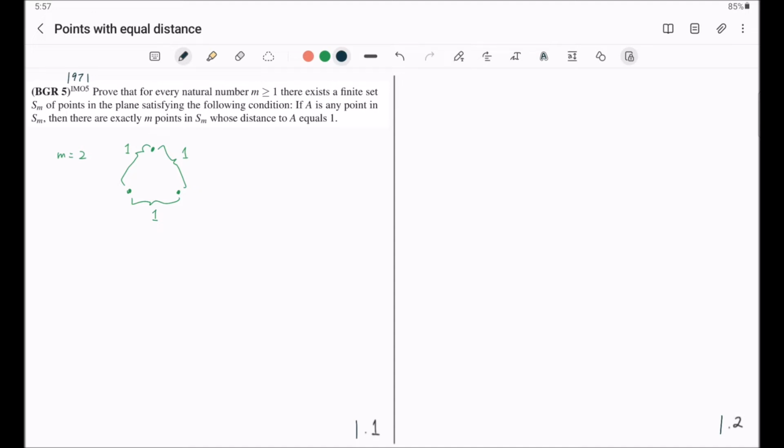The idea of the proof is the following. Instead of constructing the points in S_m directly, we are going to construct the vectors that represent the distances between points in S_m.